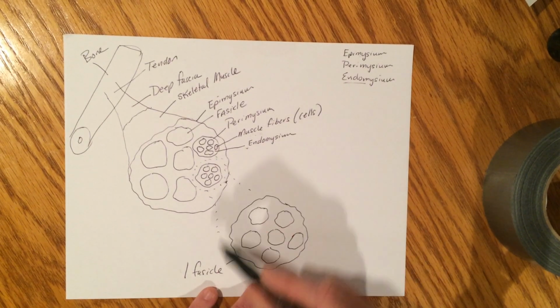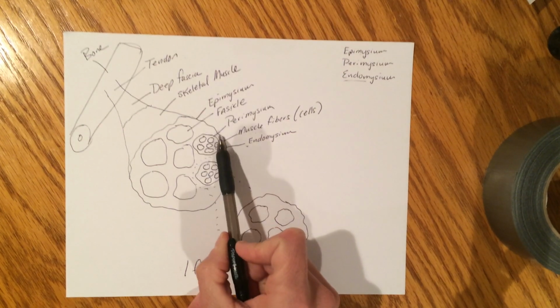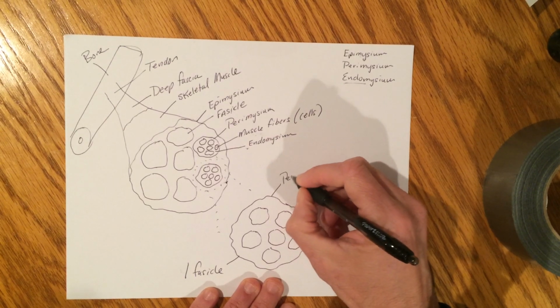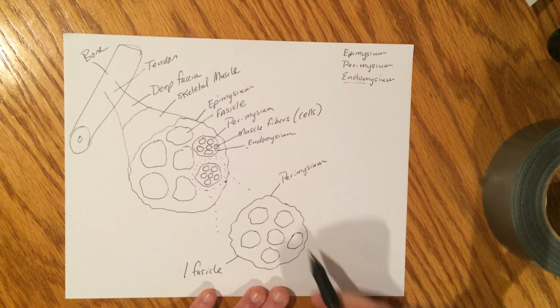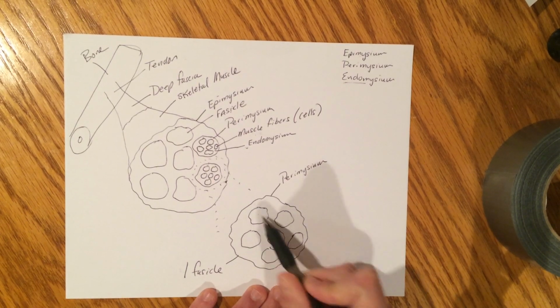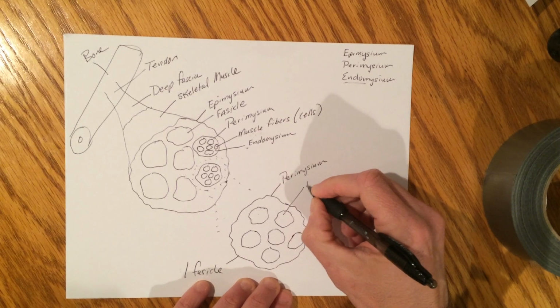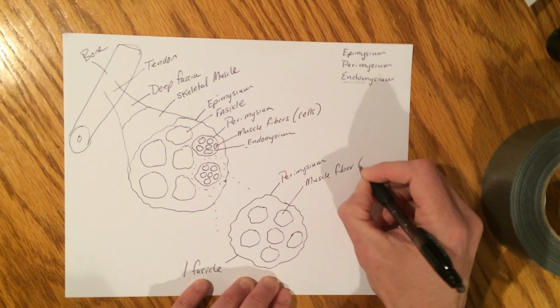All right, so what's the connective tissue surrounding the fascicle? So let's just go up here. Here's the fascicle, and then the connective tissue on the outside is called the perimysium. Okay, and then each one of these individual functional units right here, this is called a muscle fiber, or the cell.